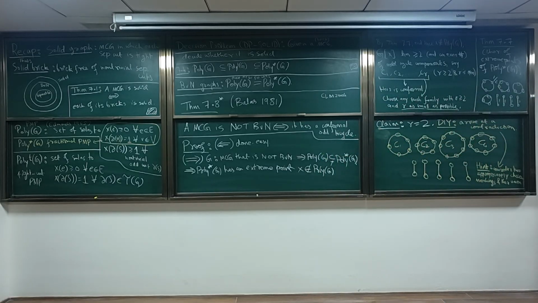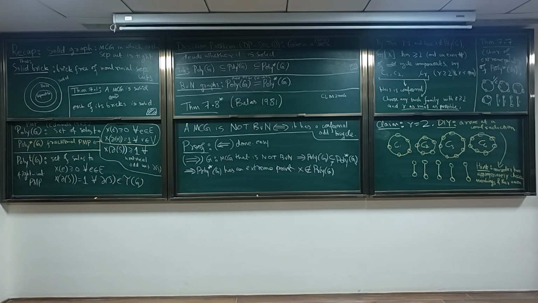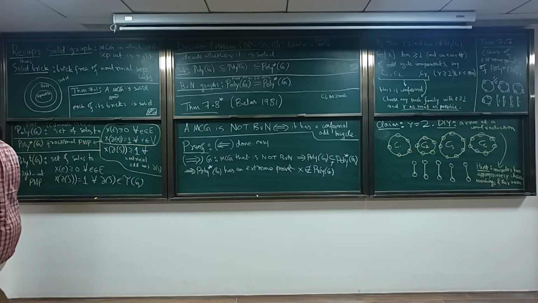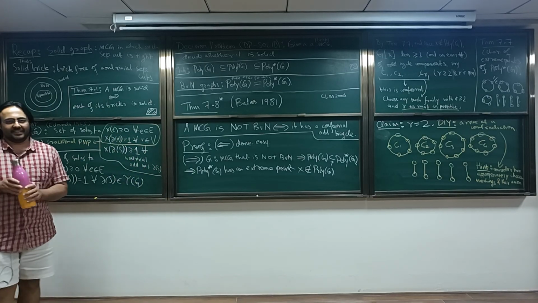If you choose them very carefully, then things just work out. One of them I have already kind of given away when I emphasized that the graph G is matchable.